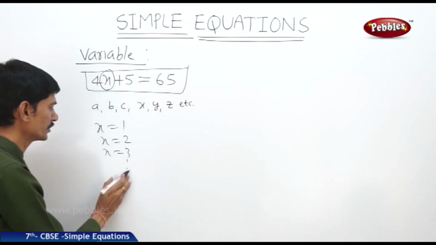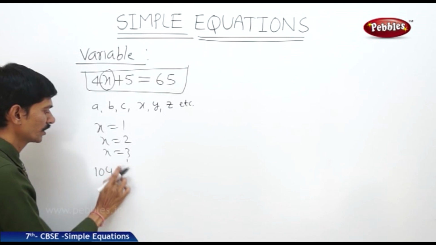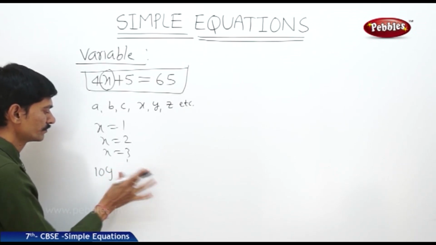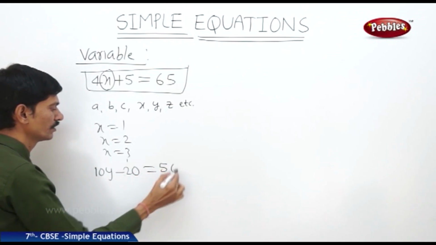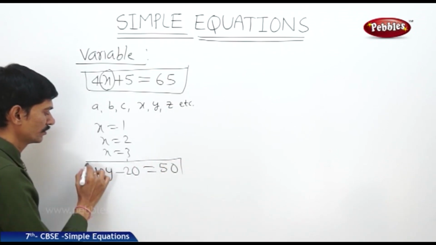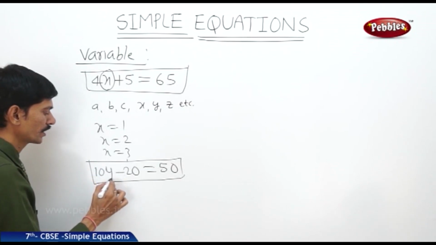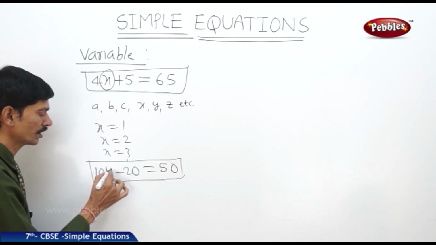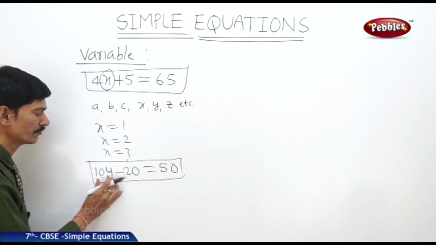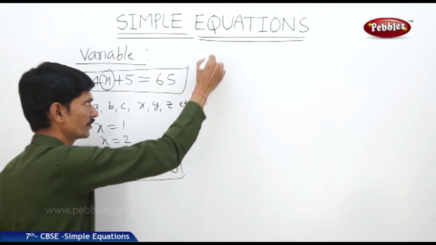Now the second equation, 10y minus 20 equals 50. Here also the unknown number y can take any numerical value from a given number set. So here y is also called a variable. Here also y is not any fixed number, it can vary. Now what are the expressions?